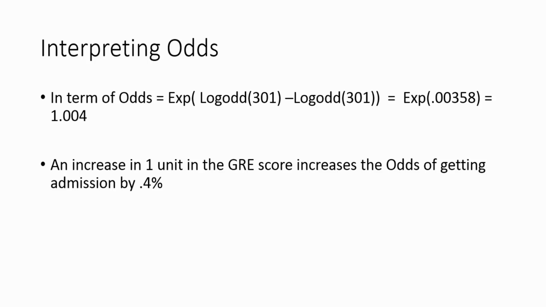Had it been 2.004, just subtract 1, it remains 1.004, right? And change it to percentage terms, so 0.004 is 0.4%. So an increase in 1 unit in the GRE score increases the odds of getting admission in the graduate school by 0.4%. So that's how we interpret the odds ratio in a logistic regression.